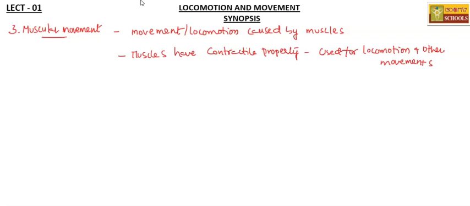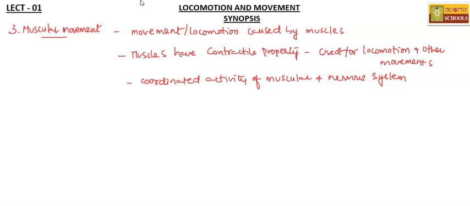Now this locomotion requires a perfect coordinated activity of the muscular and the nervous system. So both are required for the coordinated activity.